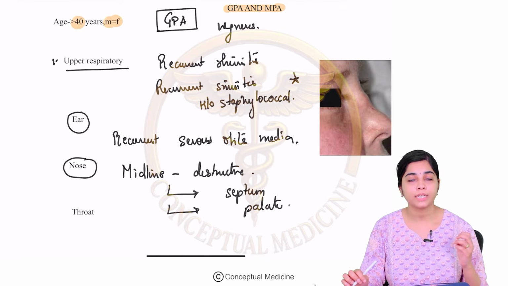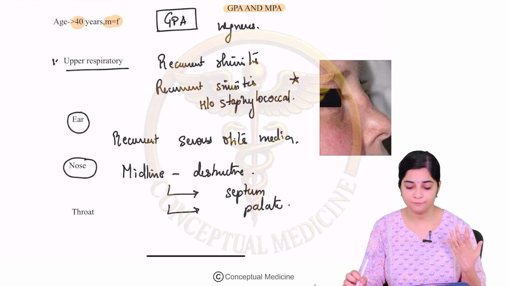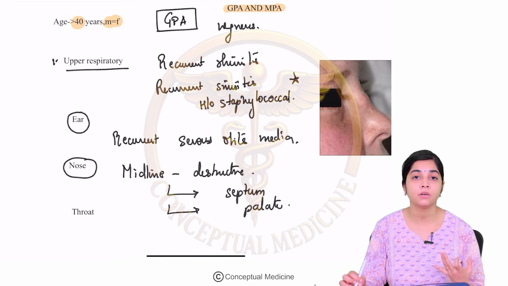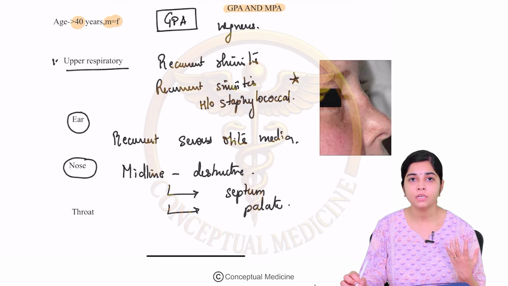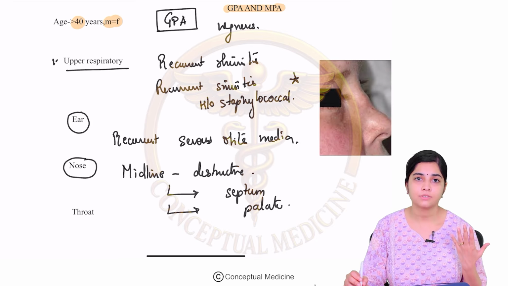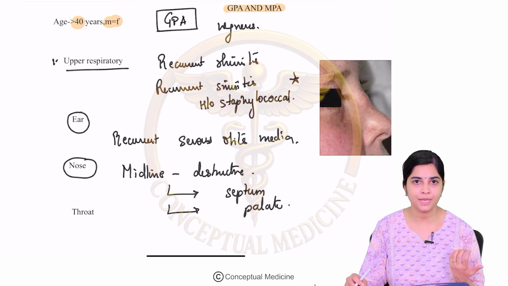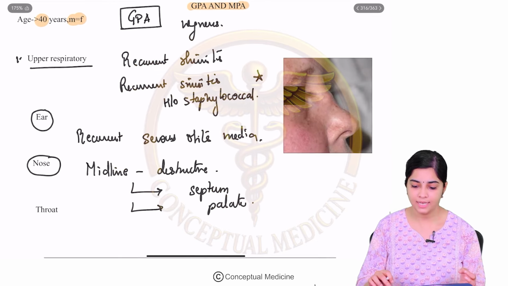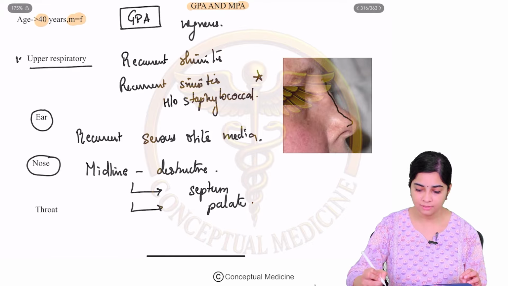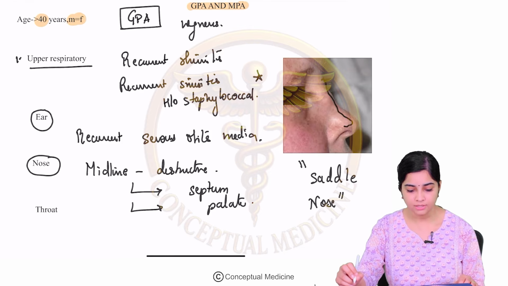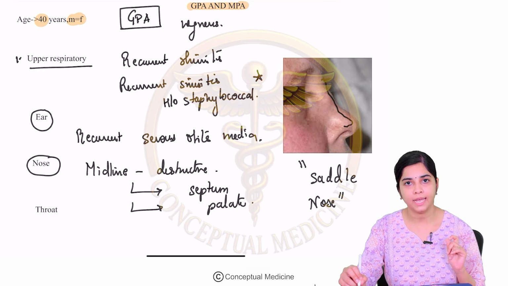It may be confused with your midline granulomas or especially your NK cell lymphomas, which can cause chronic destruction of the midline. There can be destruction of the palate resulting in palatal perforations, and a characteristic clinical finding is the saddle nose deformity.